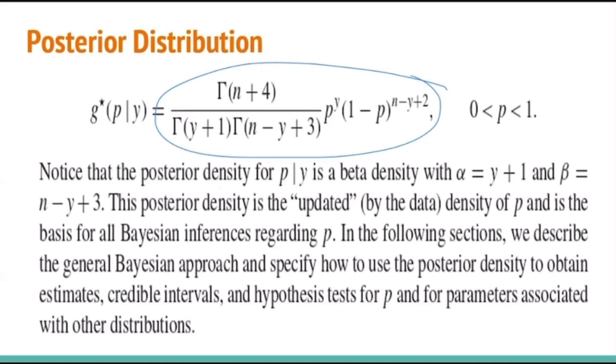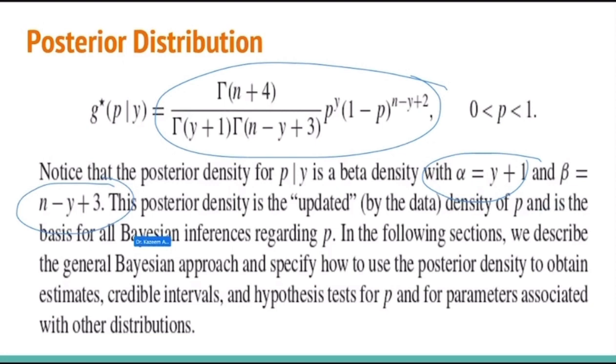Because of that, I'm going to call that prior conjugate. Comparing the posterior density with the prior density, we see that our alpha is y plus 1 and our beta is that.